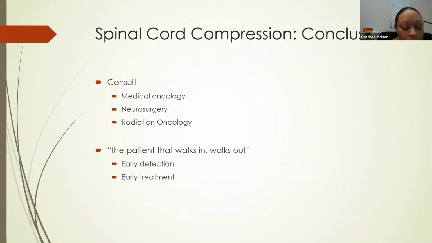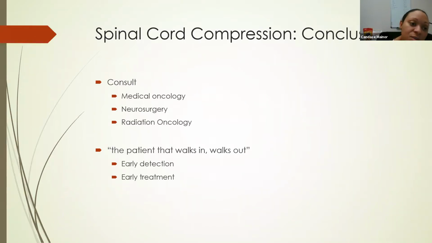So with patients with cord compression, it's important to recognize it early. We know that the patient who walks in is the patient who walks out. Patients who have neurologic compromise for greater than 48 hours are unlikely to regain that neurologic function no matter what treatment they receive.